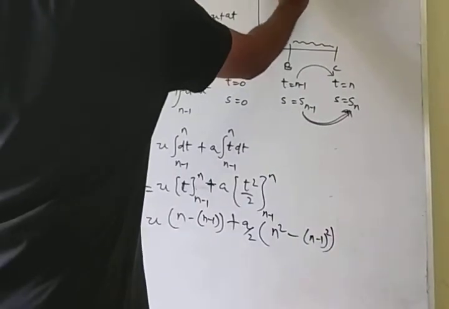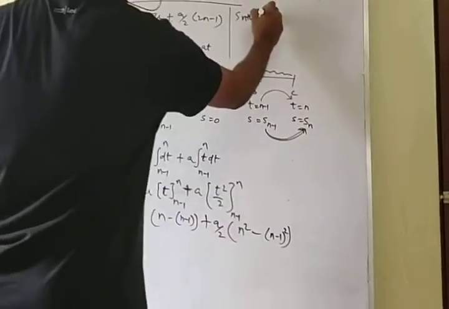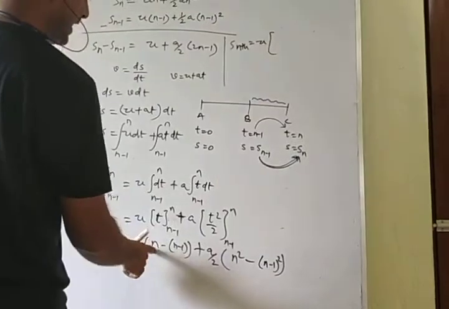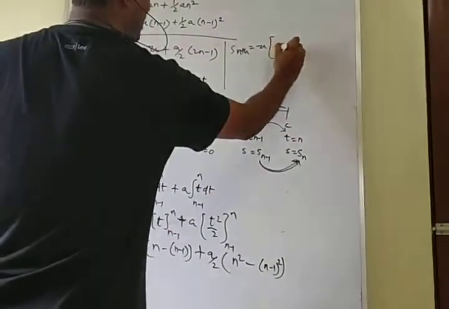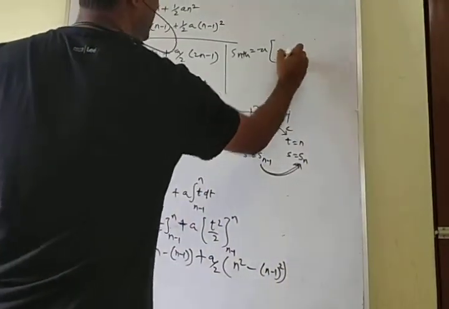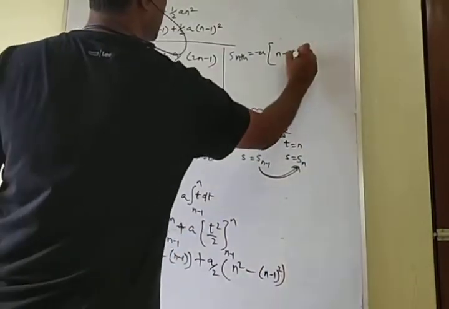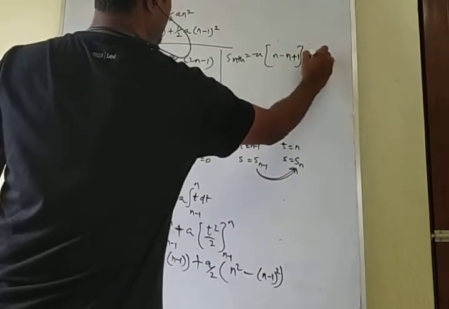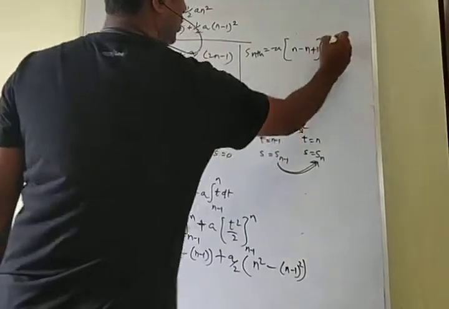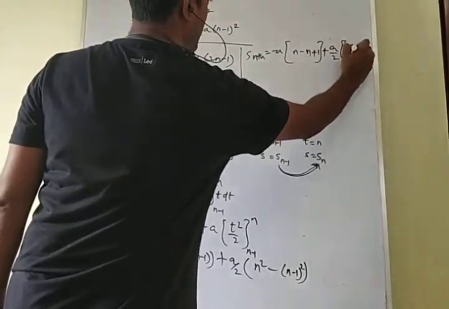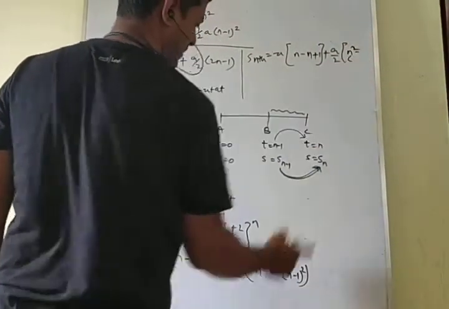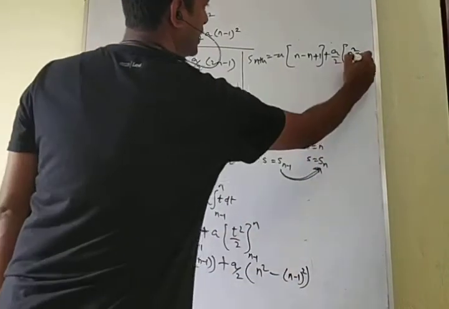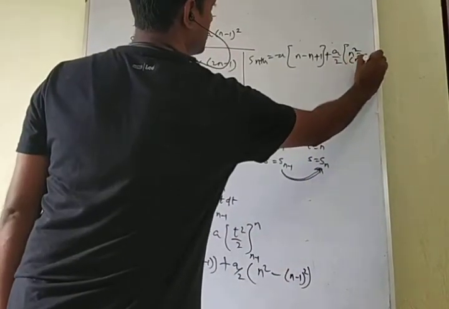Now S_nth equals u within the bracket n minus (n minus 1), so n minus n plus 1, plus a by 2. Now within the bracket, n square minus (n minus 1) whole square, using (a minus b) whole square, that is n square minus 2n plus 1.